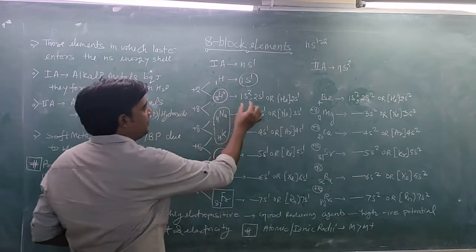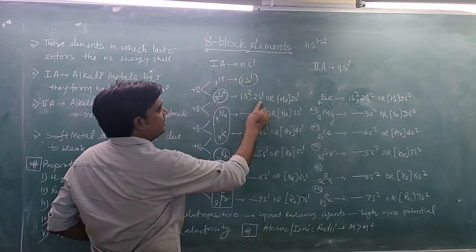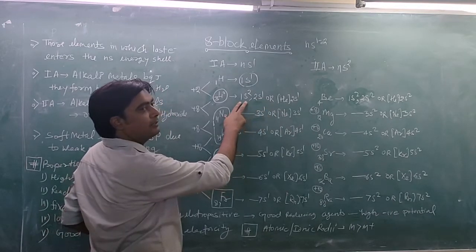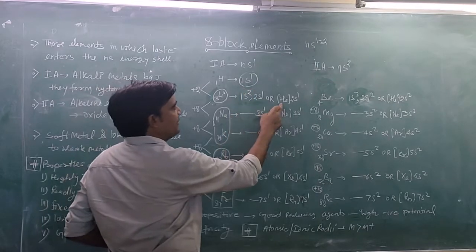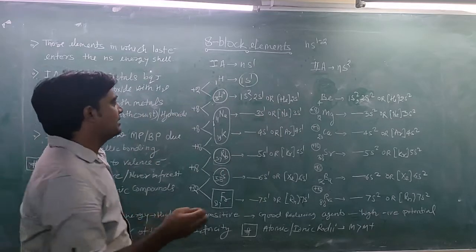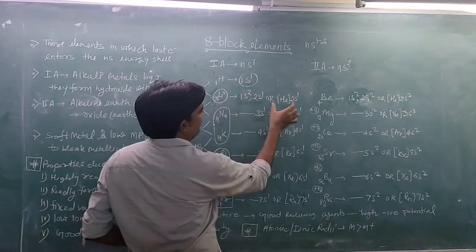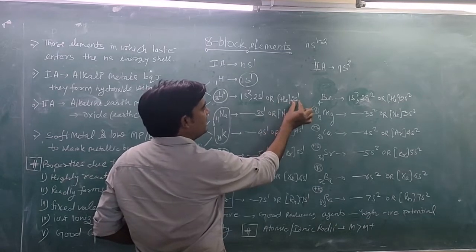In lithium, before 2s1 you will find 1s2. These 2 electrons correspond to the atomic number of helium, and helium is the first inert gas. So we can write the electronic configuration like this: the inert gas configuration, and 2s1 is the valence shell.